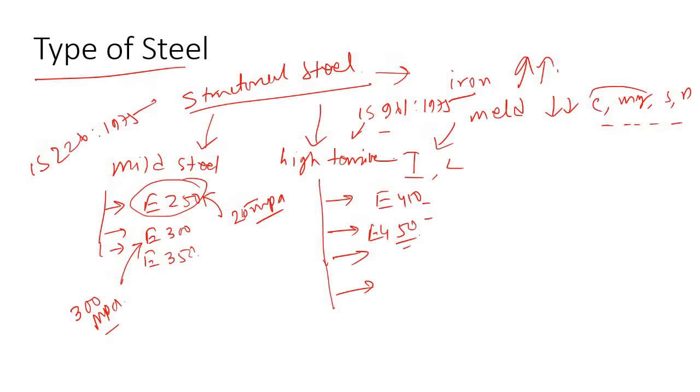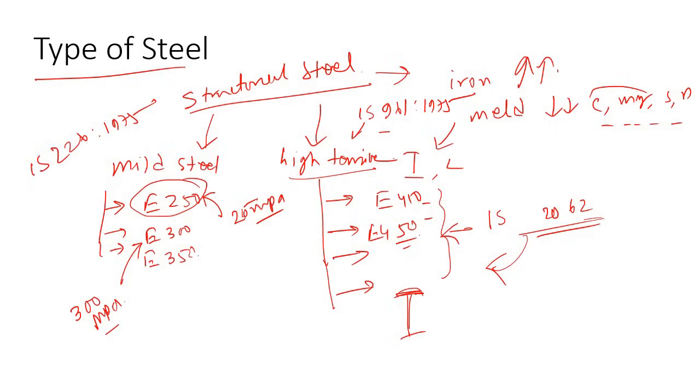And always you have to make sure that when you are using high tensile steel, it should be as per IS 2062 also. This ensures that the members are okay if they follow IS 2062 for welding purpose.